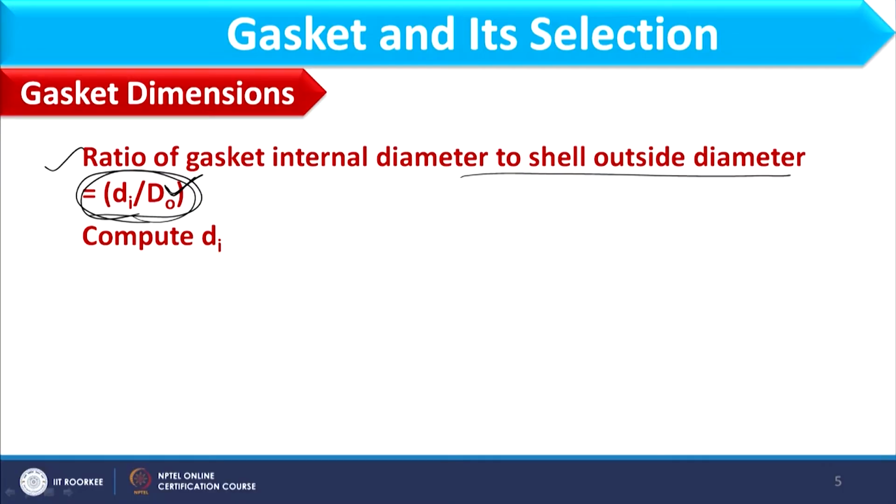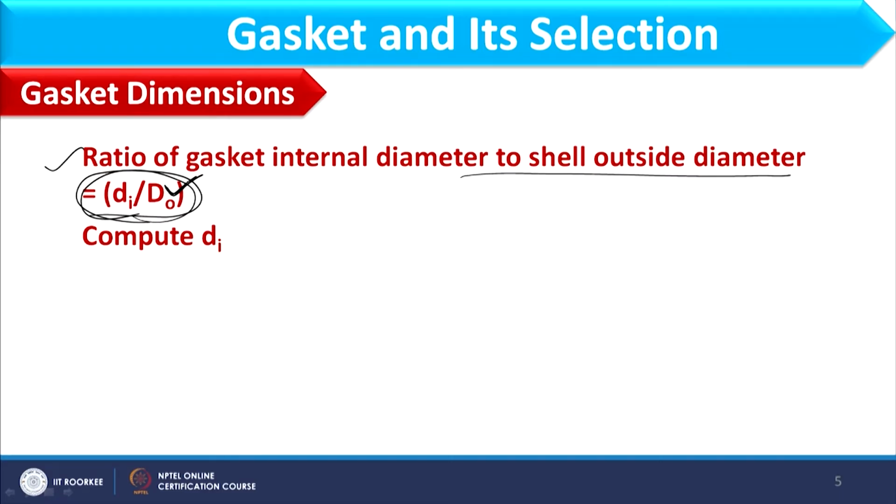So, to compute the gasket dimension, we first have to decide the ratio of DI by capital DO. That ratio we can start with, let us say 1.01, 1.02. Once I have this ratio, I already know the diameter of the shell, because for that shell only I have to design the gasket or flange.